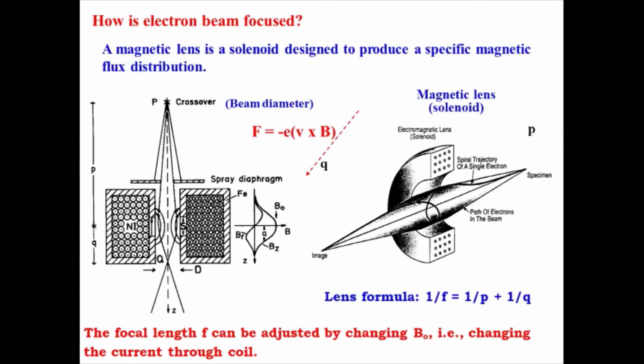You can apply electric and magnetic field in association, so the resultant Lorentz force will be Q into E plus V cross B. Depending on the directions of the applied electric and magnetic field, you can put the electron in a particular trajectory. So this is very simple physics: using the external electric and magnetic field, you can make the electron beam very thin and focus it at a particular position.